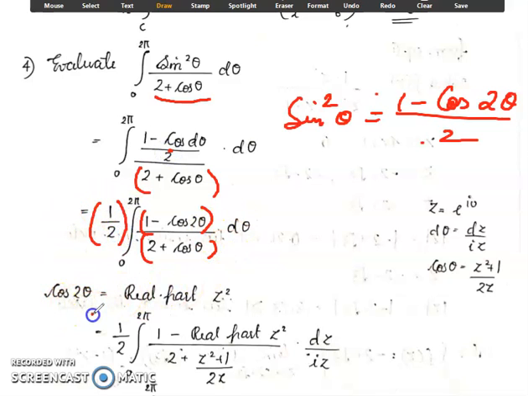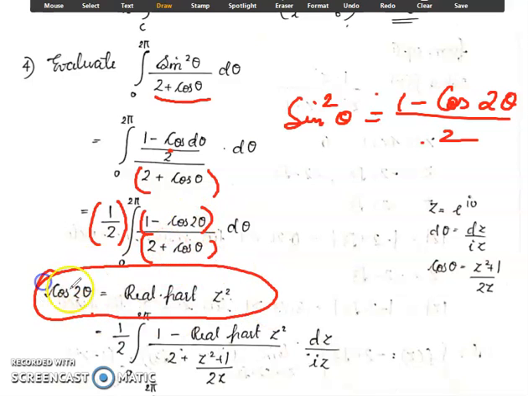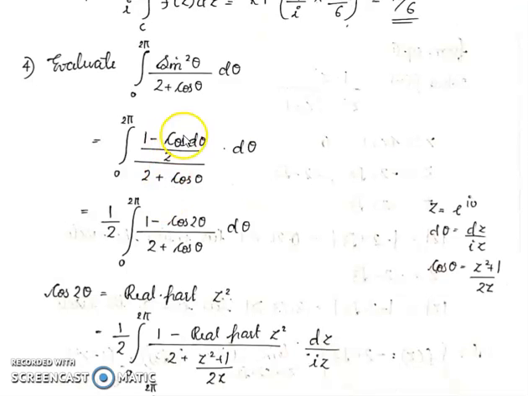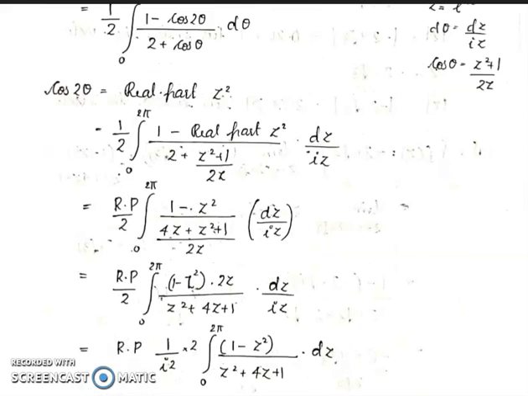Now what is cos 2 theta? We have derived this in the previous problem, real part of z square. So now we can follow the same method here. Instead of cos 2 theta, real part of z square you substitute. Then remaining same substitution. Then again this real part can be taken outside, okay.